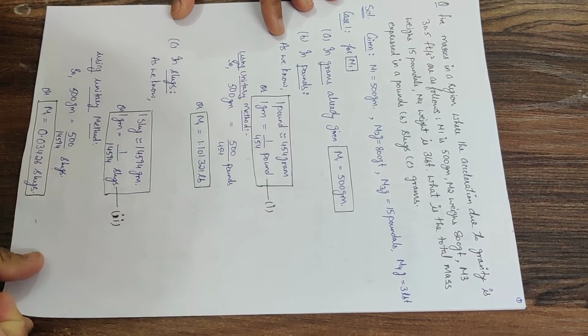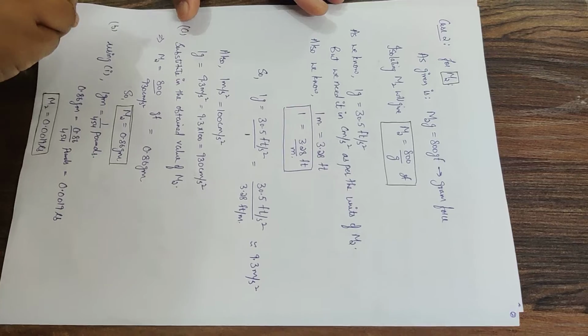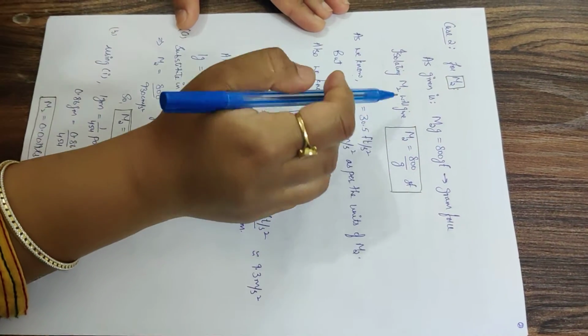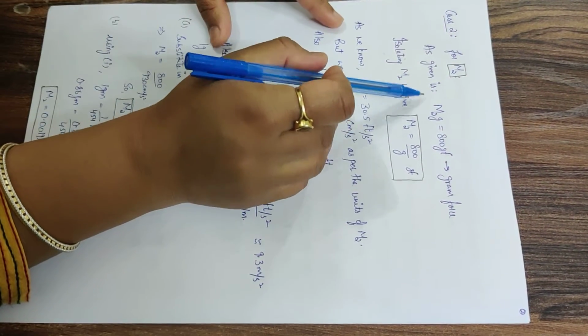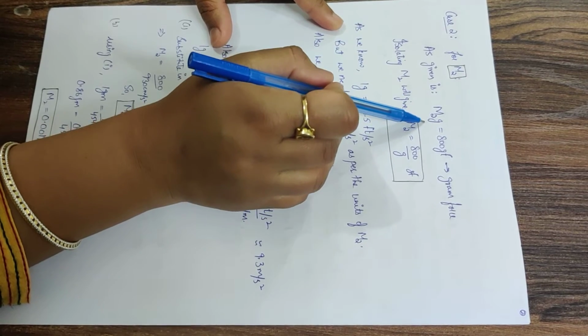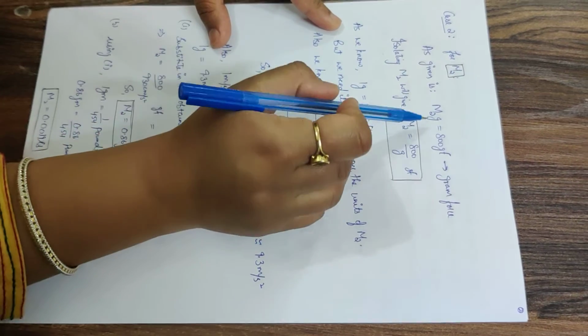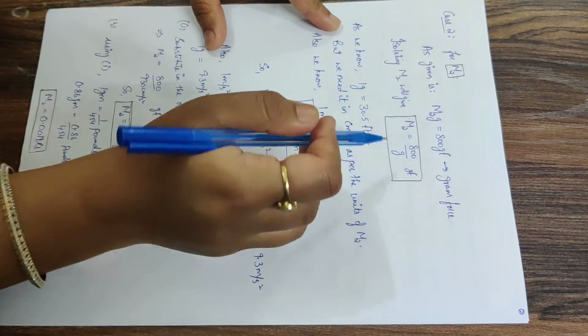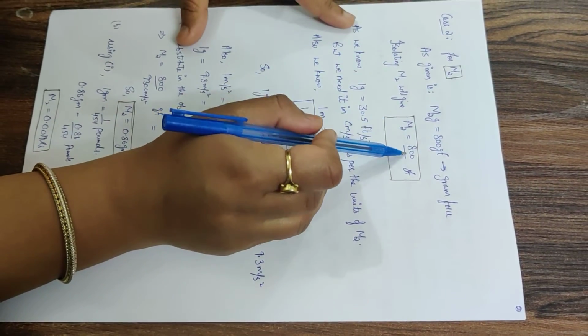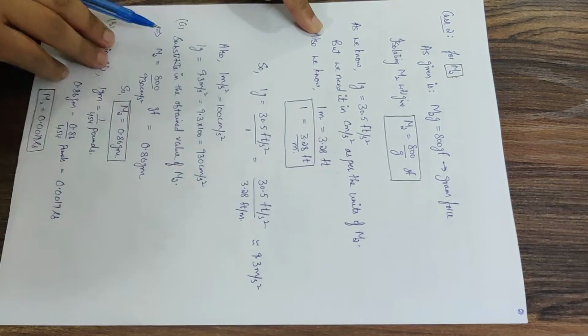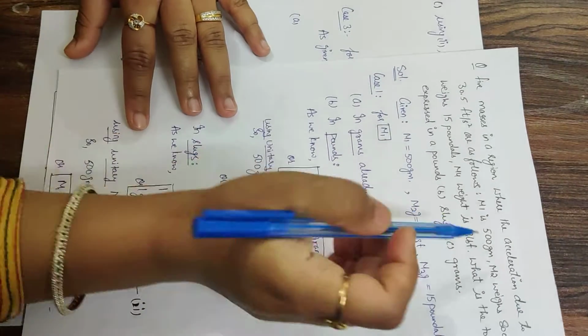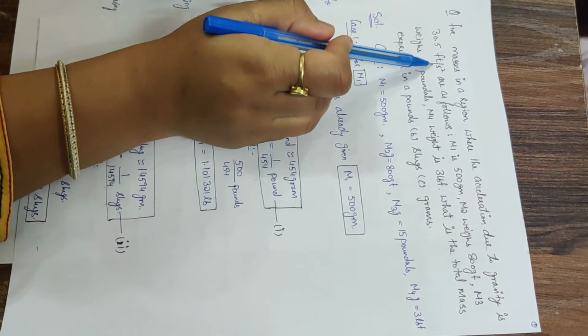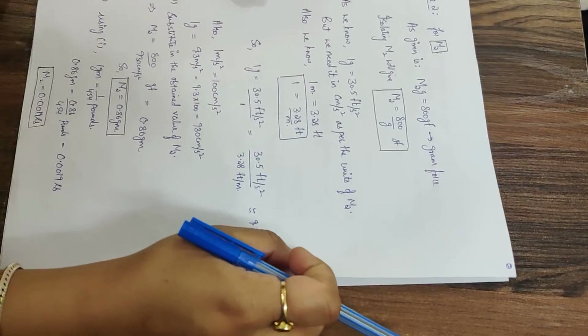Right, now we are considering the case 2 for M2. What is given to us is M2 g, because weighs was mentioned, it is the force basically, and it is equal to 800 gram force. We only need M2, that is the mass of the second object. M2 is 800 by g. In the question itself, we are given that the acceleration due to gravity is 30.5 feet per second square.